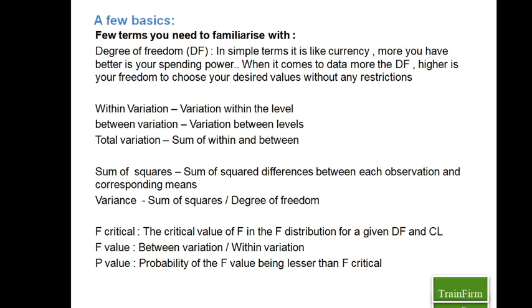Say for instance, you would have already purchased four products for 450 rupees, and the fifth product is no more your choice because you can only buy a product which costs 50 rupees, right? So your freedom is getting exhausted there. So your degrees of freedom is only on four products, and the fifth product you don't have any freedom.